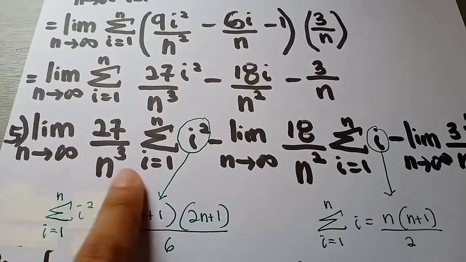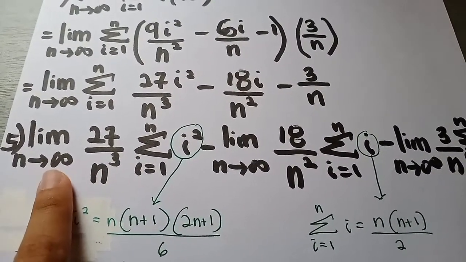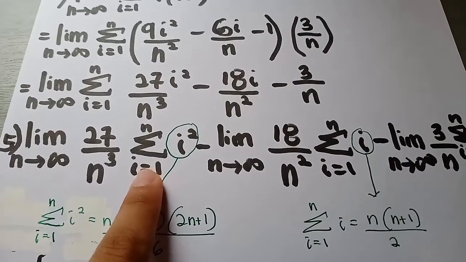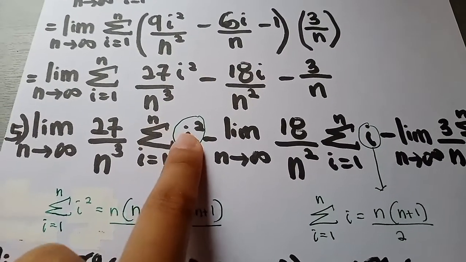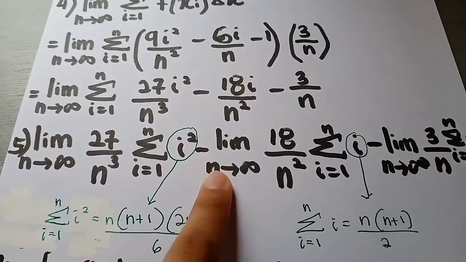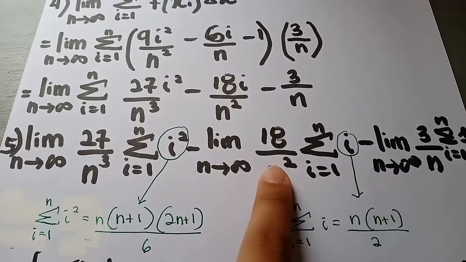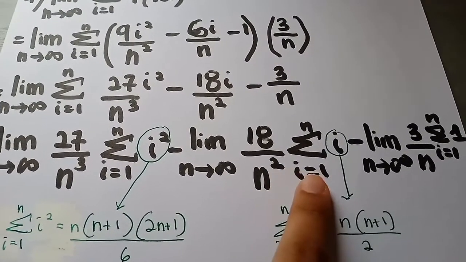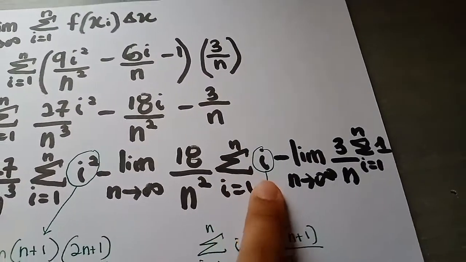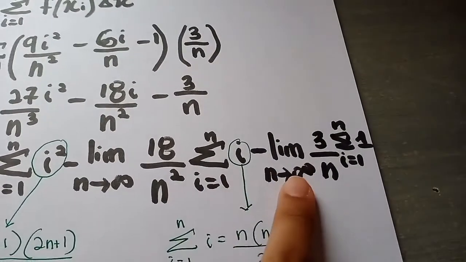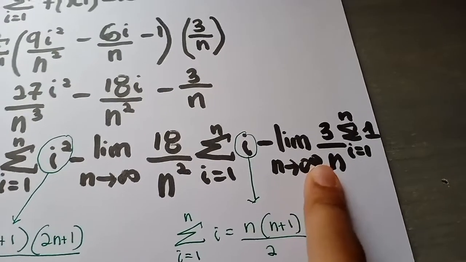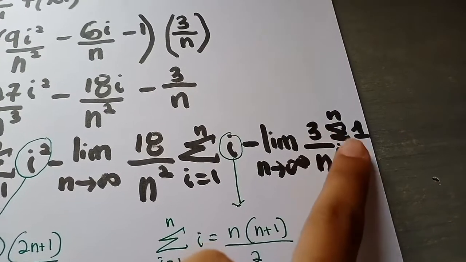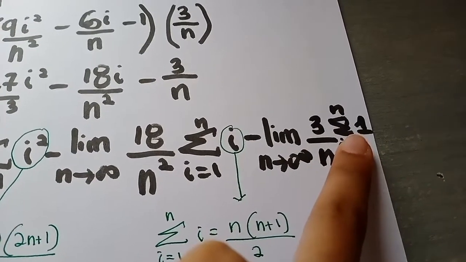So here we separate it like this: limit as n approaches infinity of 27 over n cubed times the summation of i equals 1 to n of i squared, minus the limit as n approaches infinity of 18 over n squared times the summation of i equals 1 to n of i, minus the limit as n approaches infinity of 3 over n times the summation of i equals 1 to n of 1.